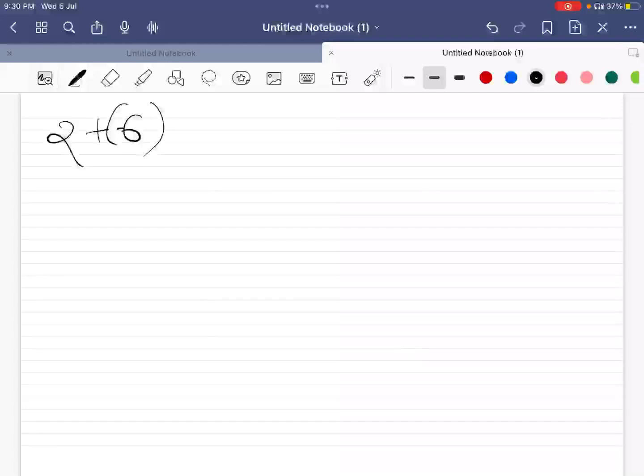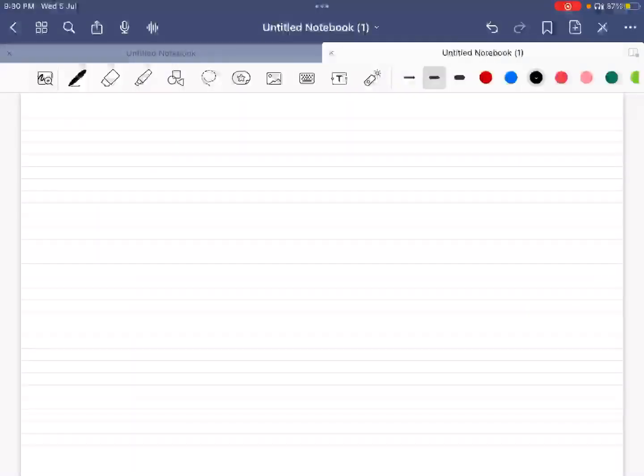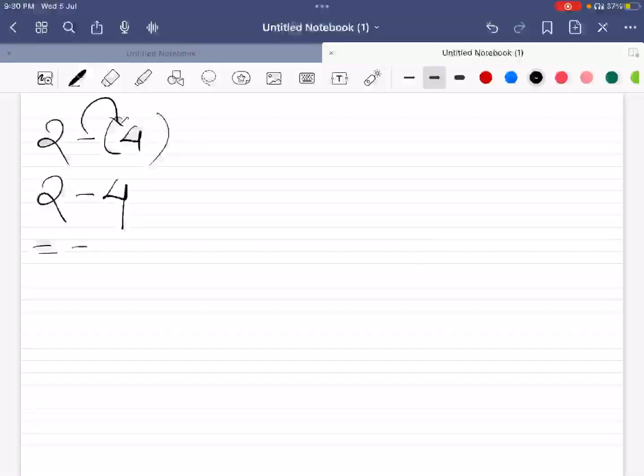So the situation is like that, 2 plus of minus 6. Oh, sorry, subtraction. So 2 minus of plus 4. So as a result of it what will happen? This minus will enter into the bracket. So instead of that plus 4, we have to write it, consider it as 2 minus 4. So 2 minus 4, your answer is minus 2.